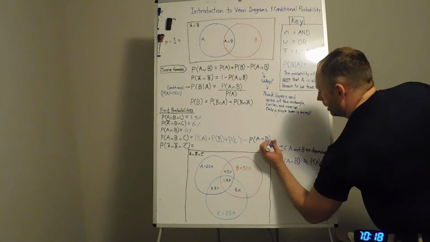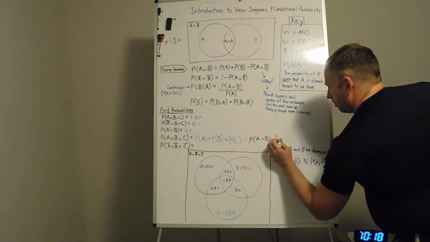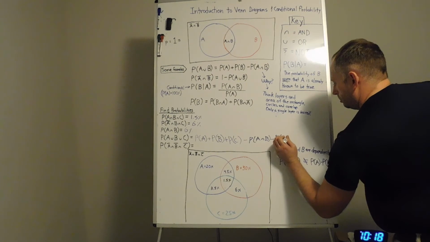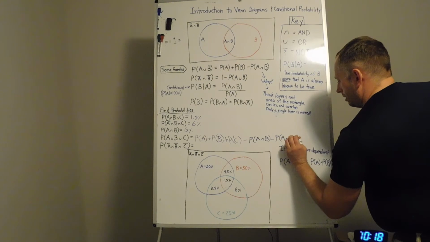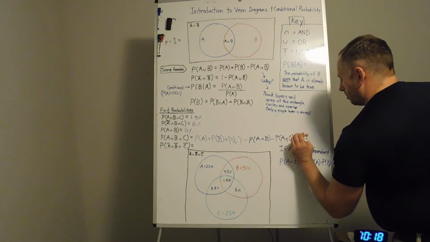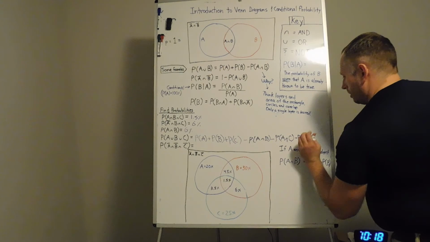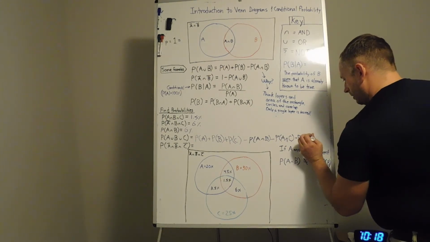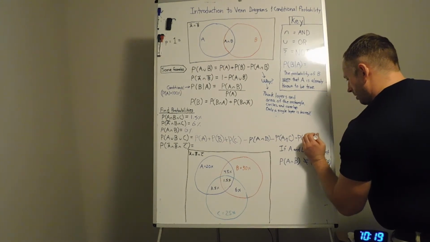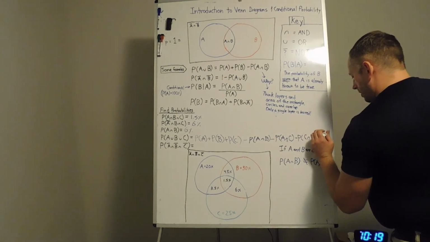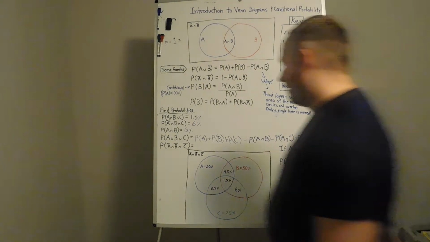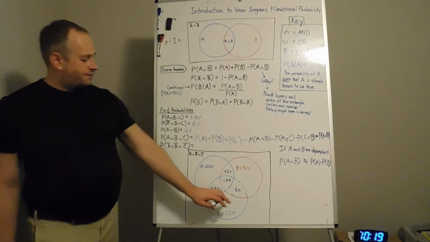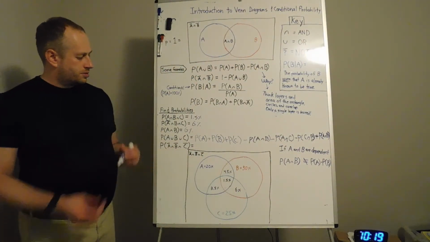So we can go minus the probability of A and C, minus the probability of C and B, plus the probability of A and B. If we do that, we get the correct answer. That's how we find the area of this region with the 3 circles.